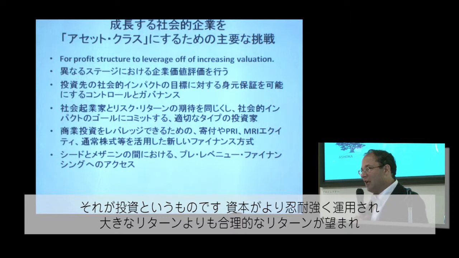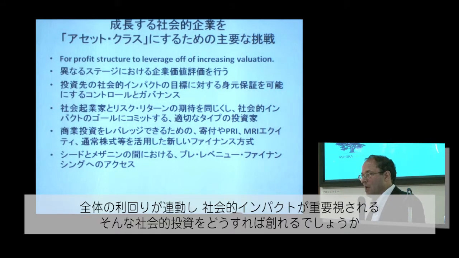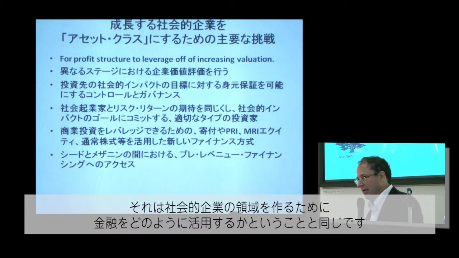So how do you create social investing where the capital is more patient and not looking for a big return, but a reasonable return, and where all the interests are in alignment and where social impact is considered important? So it's really like, how do you use financing to create this whole realm of social enterprise?